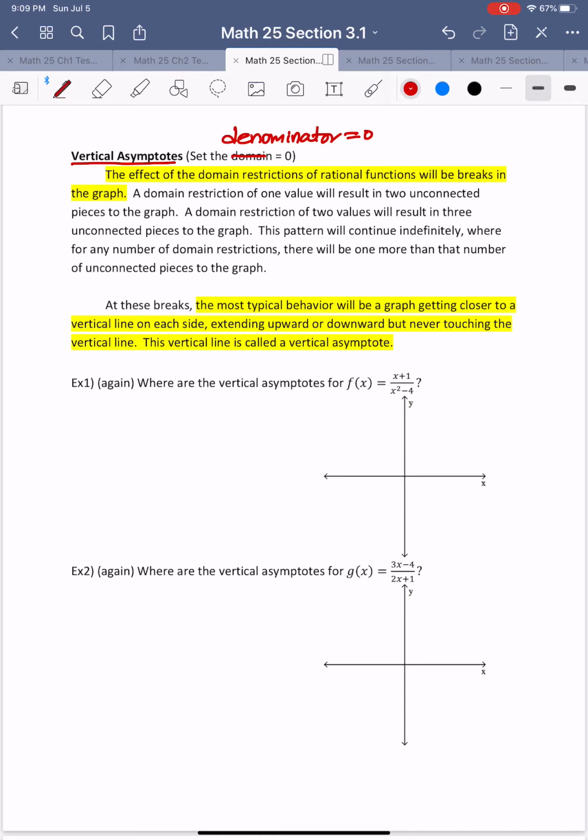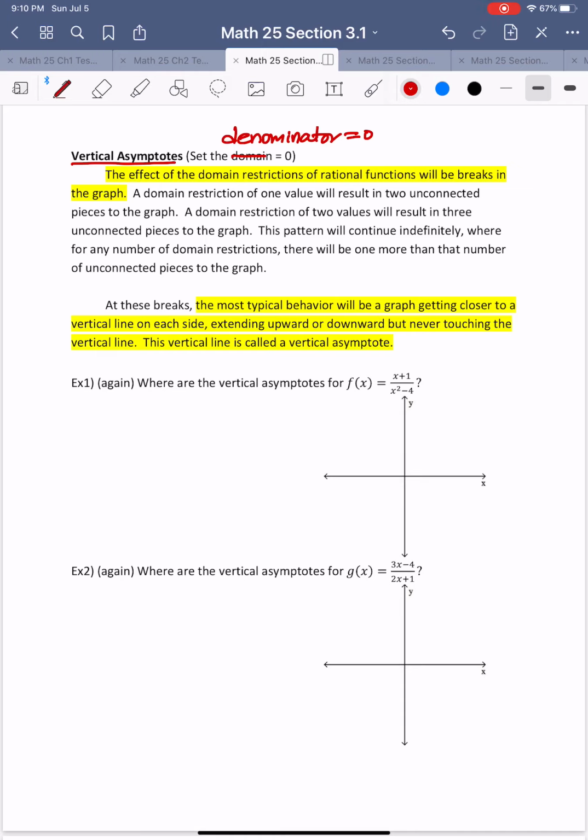So the effect of the domain restriction of a rational function will be a break in the graph. A domain restriction of one value will result in two unconnected pieces to the graph. Domain restrictions of two values will result in three unconnected pieces to the graph.